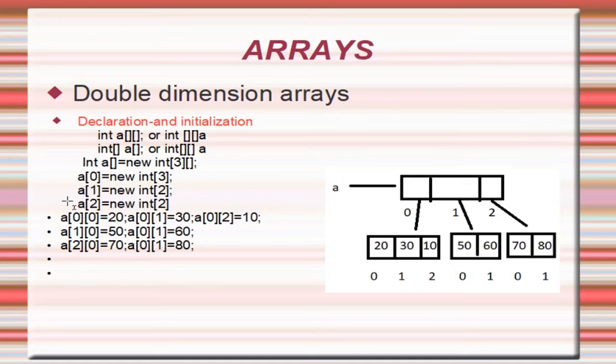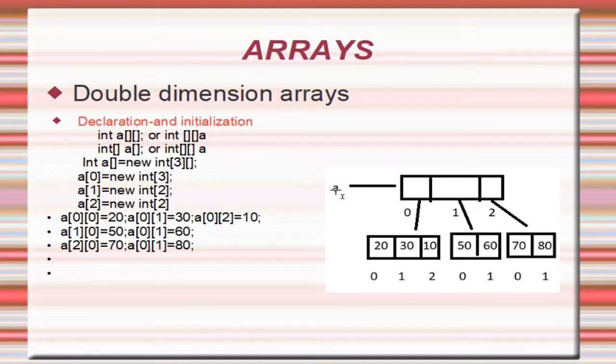Now I have declared the array. Now I am going to initialize the values for this array. So I have to call this square. What is the reference? This index is 0 and this index is 0.